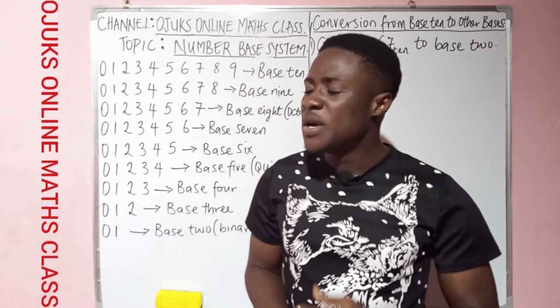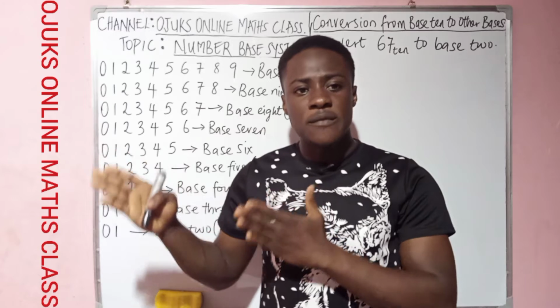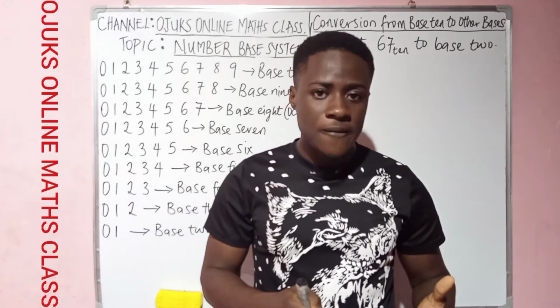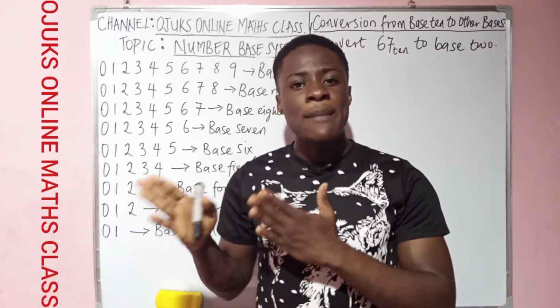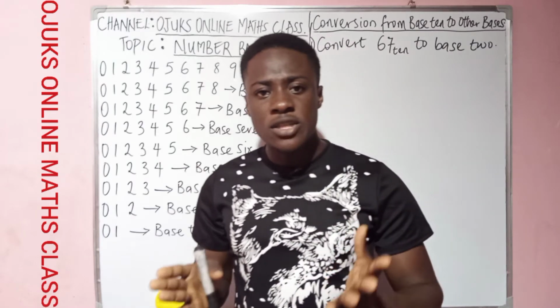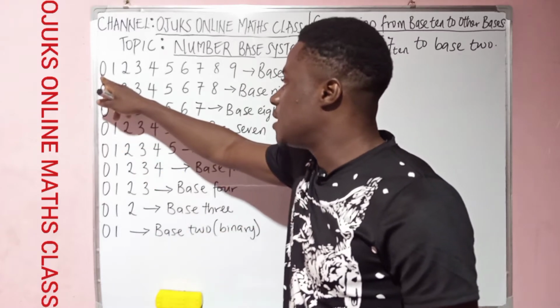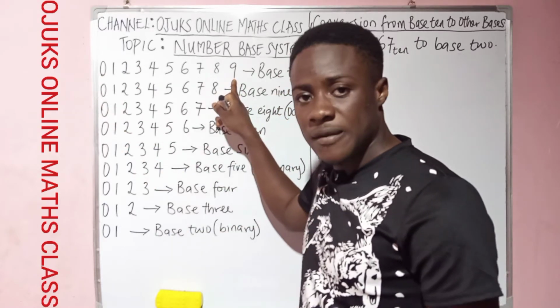As we all know, the primary counting numbers range from 0 to 9. Every other number emanates from the primary counting numbers. Let's take for instance, this is the primary counting number, 0 to 9.